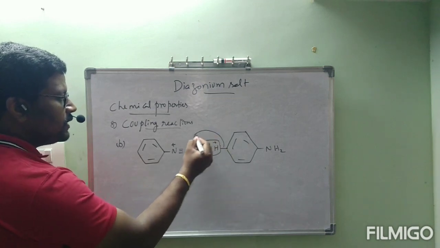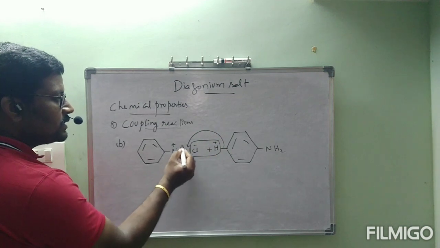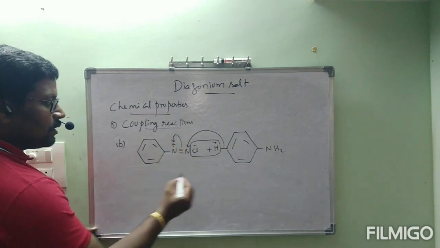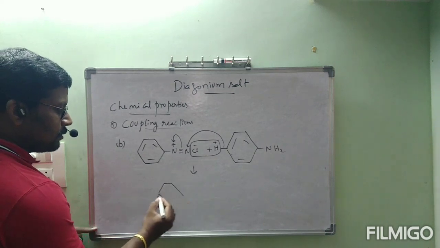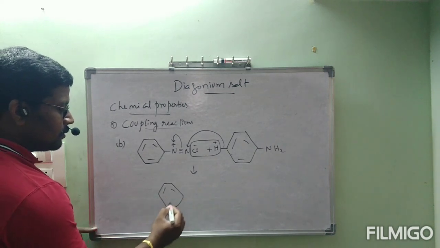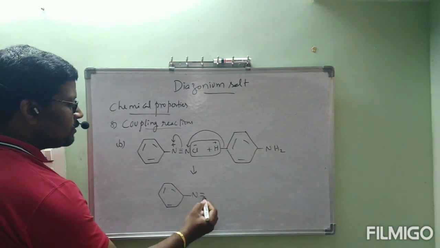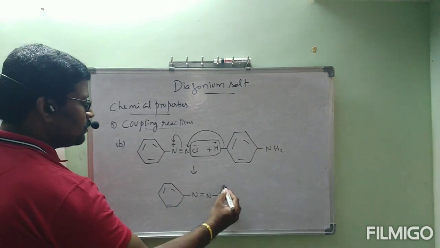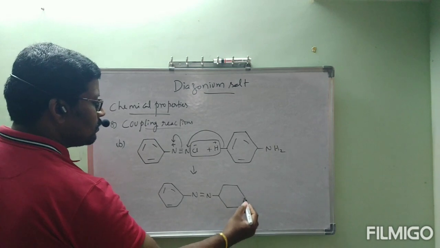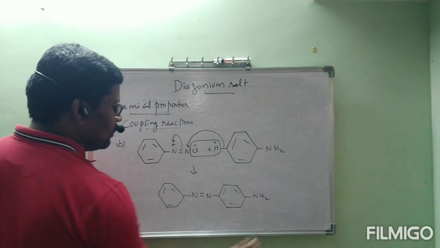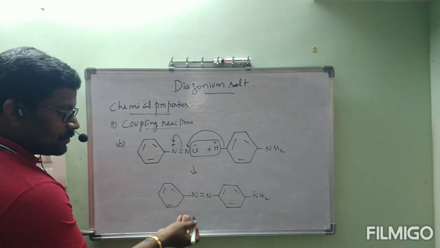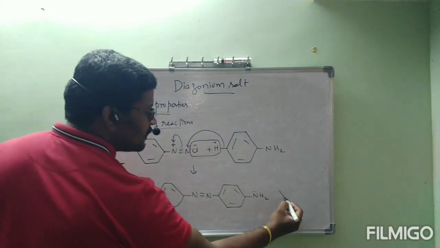This is going to be donated towards this nitrogen, and at that time the triple bond is shifted as a lone pair. Now we will get N double bond N, with NH2. The azo group is retained. This is also a dye, and it is yellow in color.